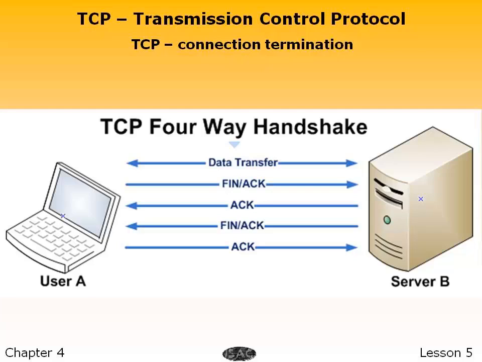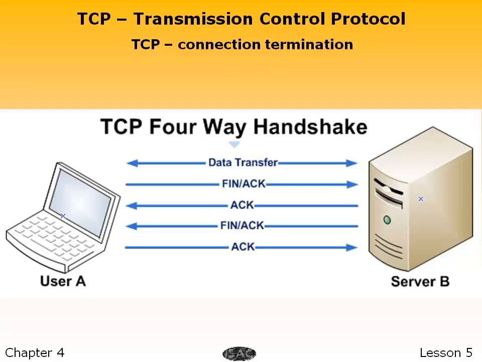TCP senders and receivers typically employ flow control logic to specifically avoid repeatedly sending small segments. The sender-side silly window syndrome avoidance logic is referred to as Nagle's algorithm.